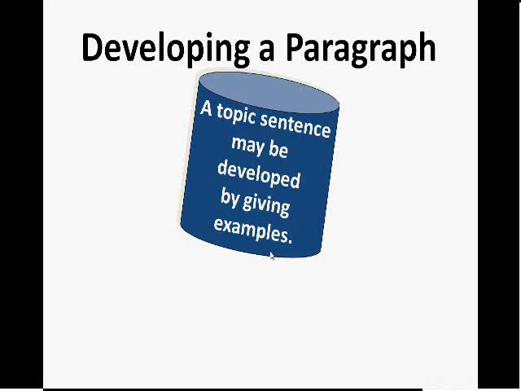We have Abu Dhabi, Dubai, and Sharjah. And I gave more when I say that people take many hours in the morning to go to their jobs. This is one way of developing the topic sentence, by giving examples.